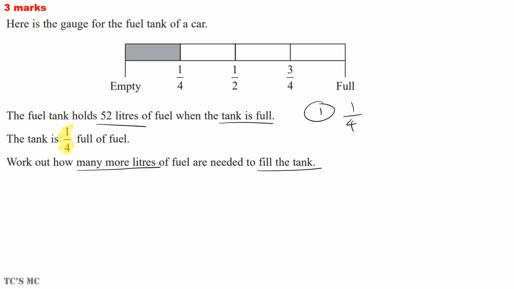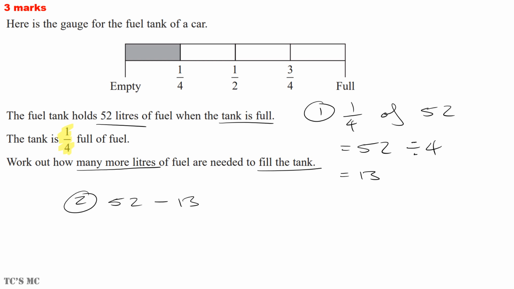So 1/4 of the 52 litres. We need to do 52 divided by 4, and that gets us 13. We now have 1 mark. We need to work out how many more litres are needed. So we need to do 52 subtract 13. There is our second mark. For writing down 39 litres, we would get our third mark.